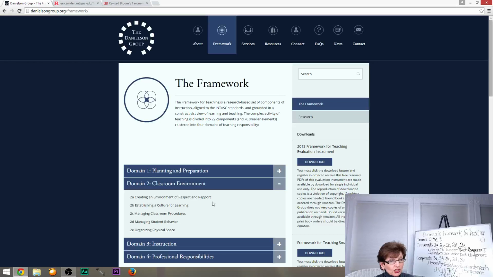The elements under 2A are, number 1, teacher interactions with students, including both words and actions. So now we're talking about body language, facial expression, as well as the words that come out of your mouth, as well as the words that come out of the students' mouths.